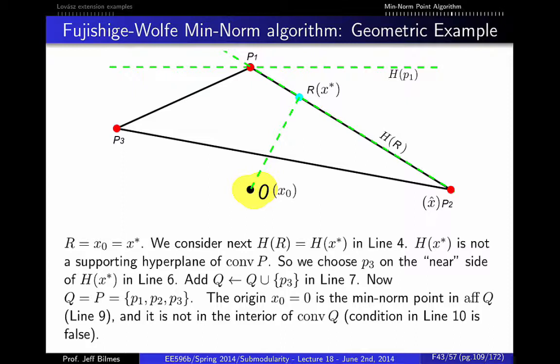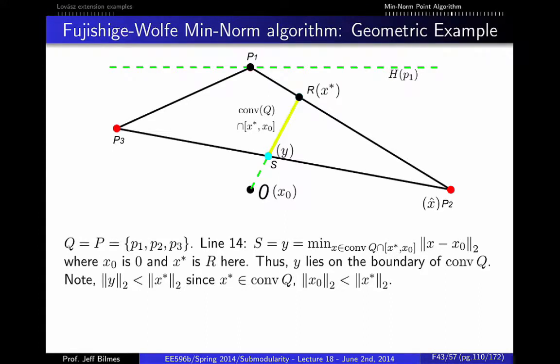But it's not in the interior of the convex hull. So the condition in line 10 is going to be false. So now we have to go to line 13. And in line 13, the first thing we do is line 14. So we find y, which is the minimum of the convex hull of Q. Q is everything, right?